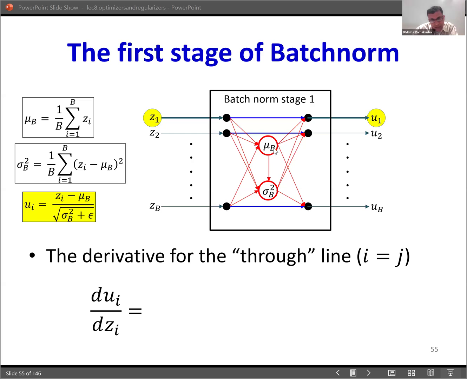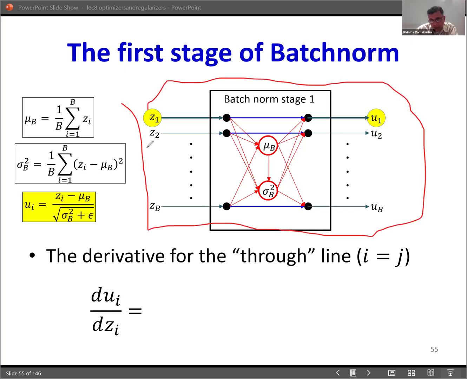All of these z's influence mu. All of the z's and mu influence sigma squared. And any given u is influenced by its own z, mu, and sigma squared. This picture making sense?